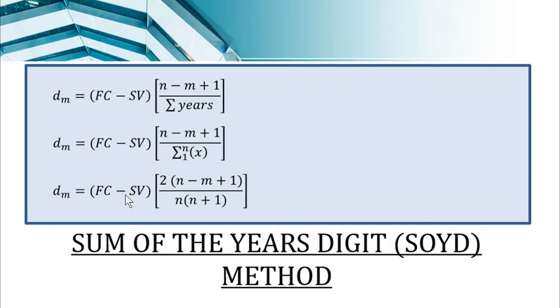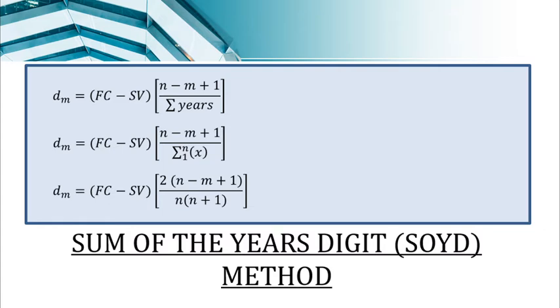We have FC minus SV multiplied by 2 times N minus M plus 1 over N multiplied by N plus 1. So ito, direct na kayang-kaya na siyang solvein ng mga ordinary calculators na walang summation function. These three formulas ay para kay annual depreciation o yung depreciation niya kada taon.